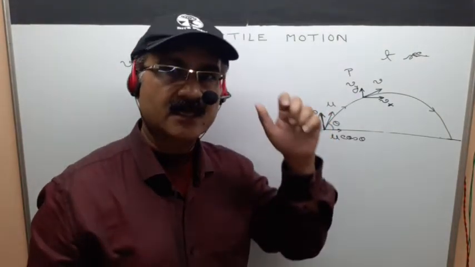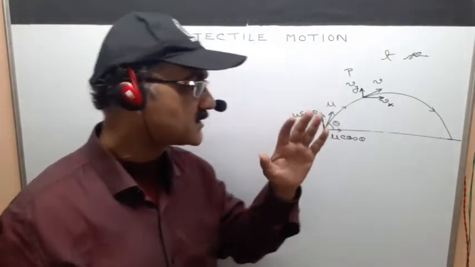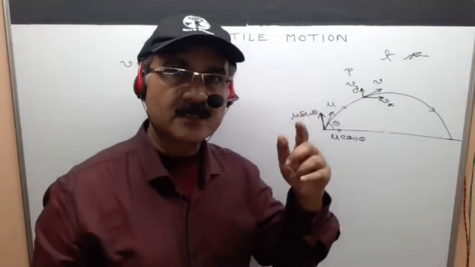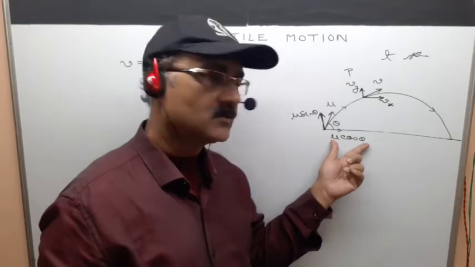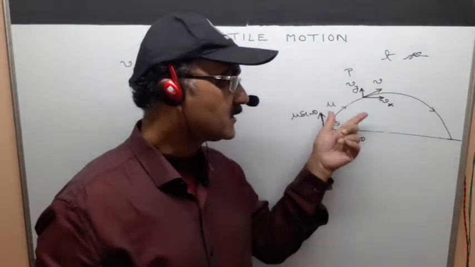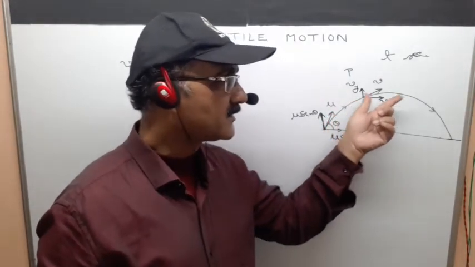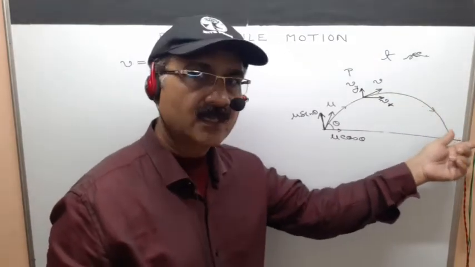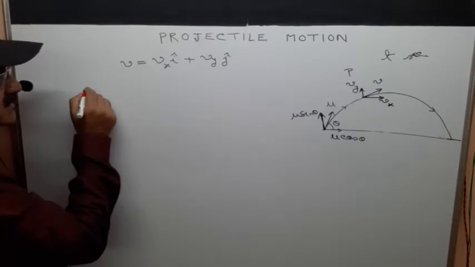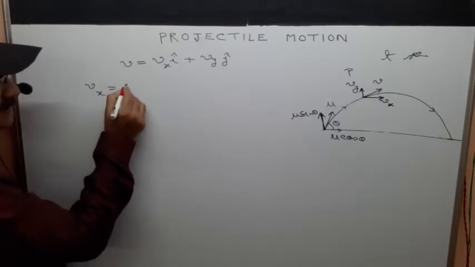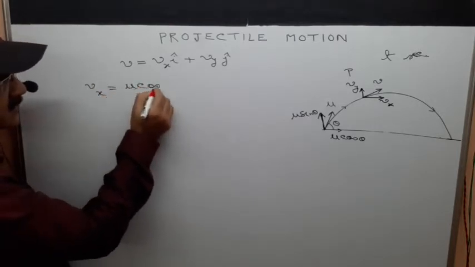If the acceleration is 0, that means the velocity will remain constant. Initially the velocity was u cos theta, so the horizontal velocity will remain u cos theta at every point. That means this vx will be u cos theta.